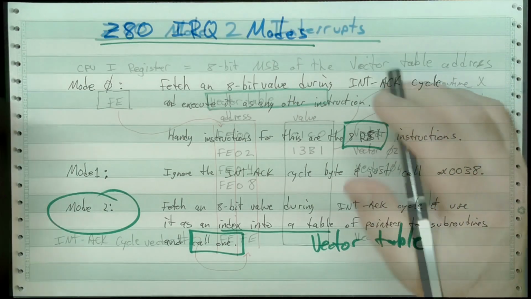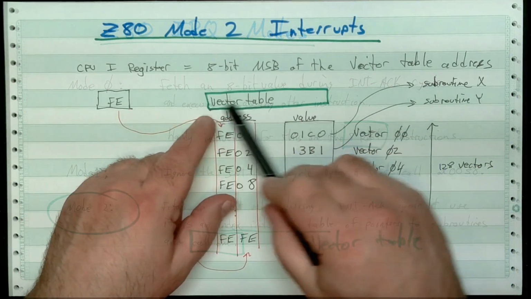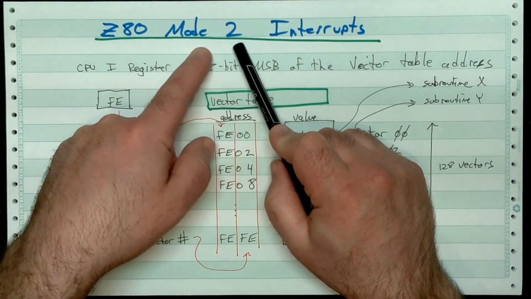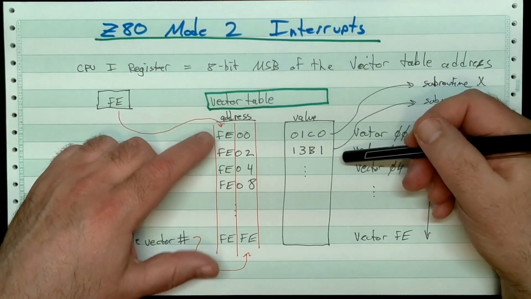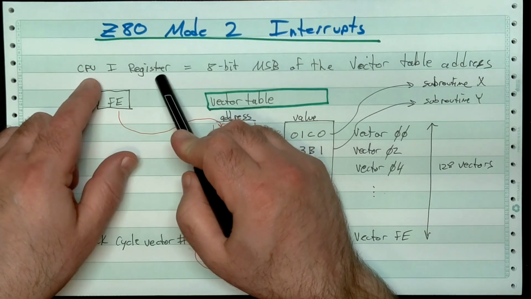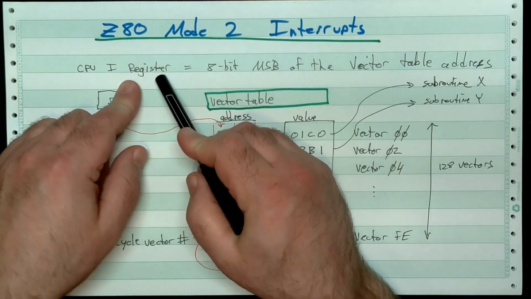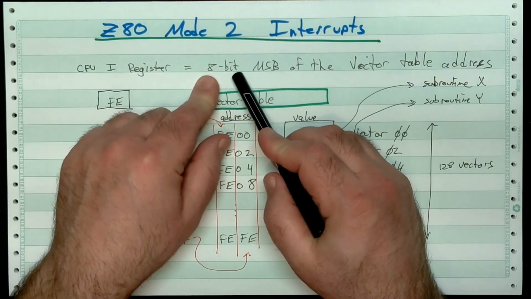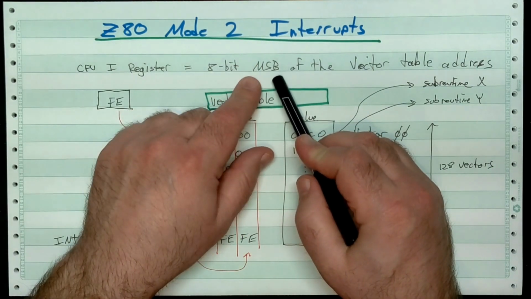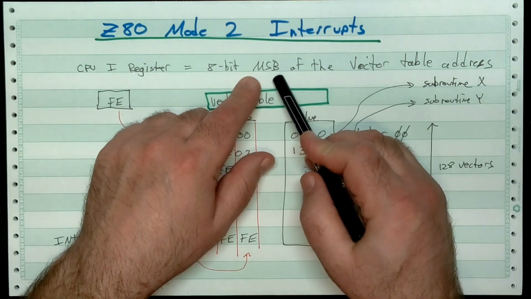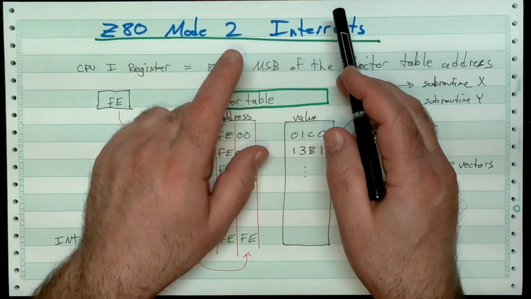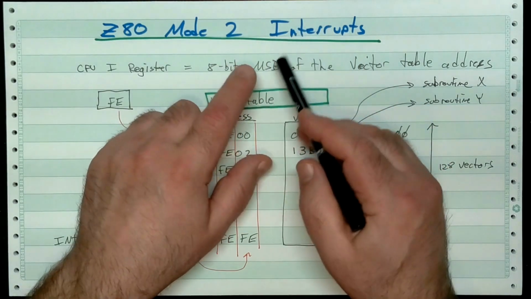Now, before we dive into the code, let's have a look at our vector table here, okay? Now, this is only used for mode 2 interrupts, all right? So how does this thing work? Well, first of all, there's a thing called the I register inside the Z80 CPU. It's an 8-bit value that represents the most significant byte. Remember that addresses in a Z80 have 16 bits. So there's the most significant and the least significant byte of the 2 bytes that comprise an address.